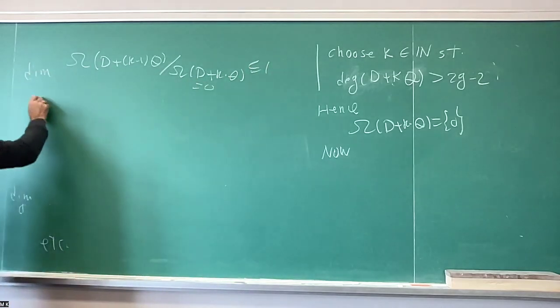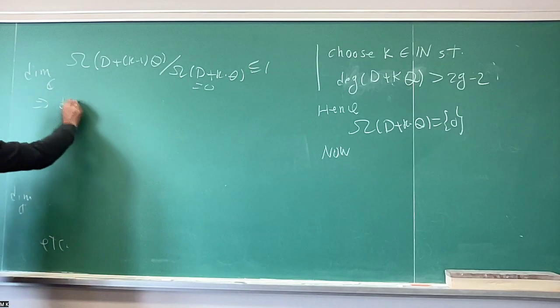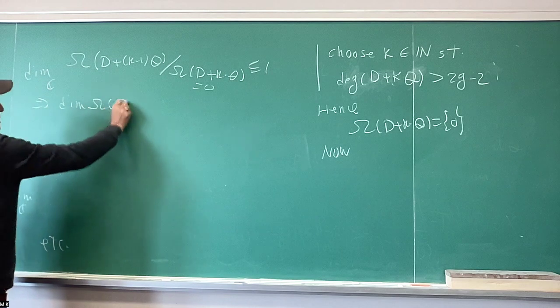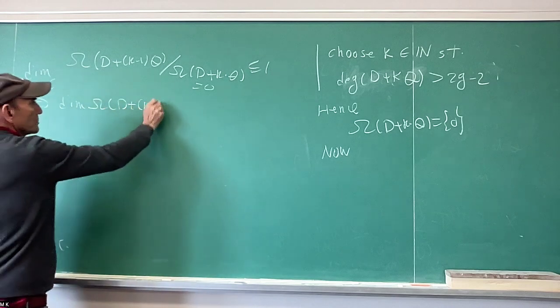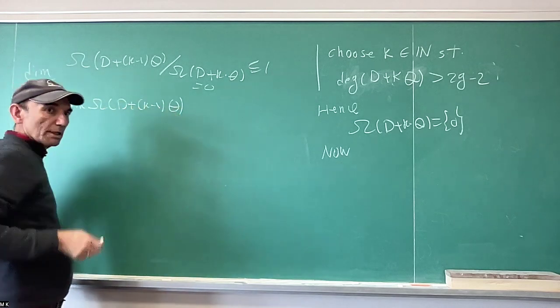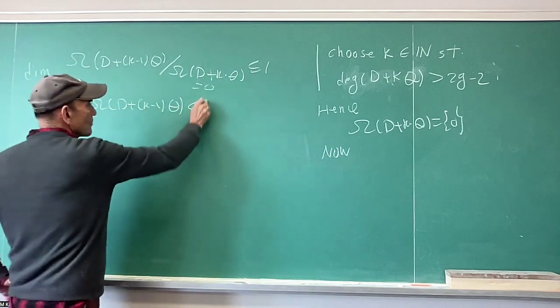This implies that the dimension of omega of D plus (k minus 1)Q is less than or equal to 1.